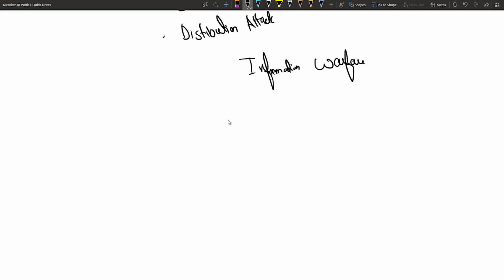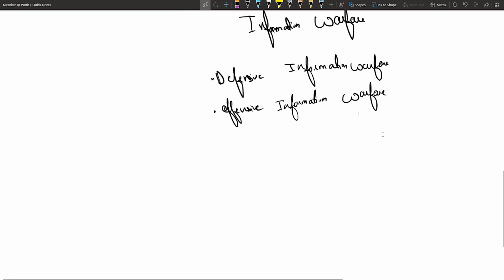It has two types: defensive information warfare and offensive. The defensive refers to all strategies and actions designed to defend against attacks on ICT assets.